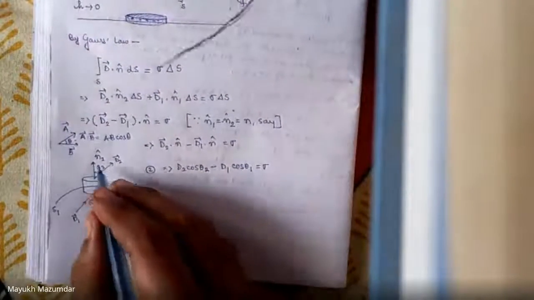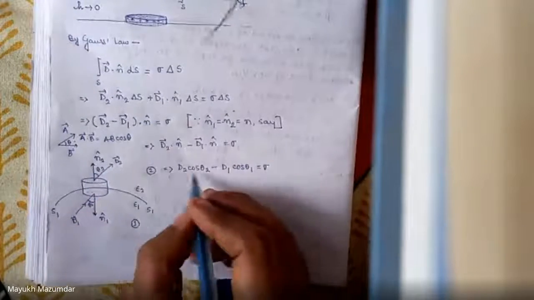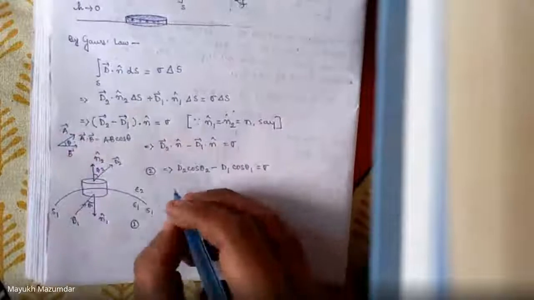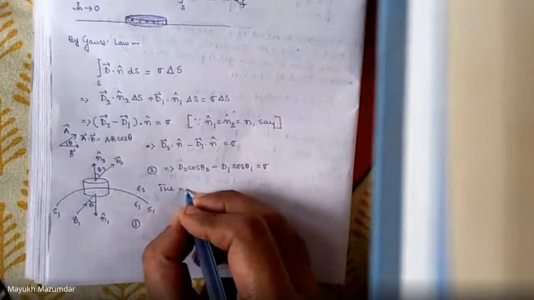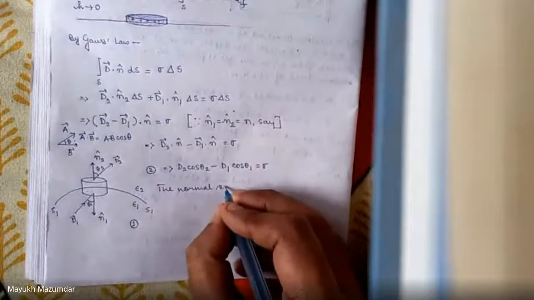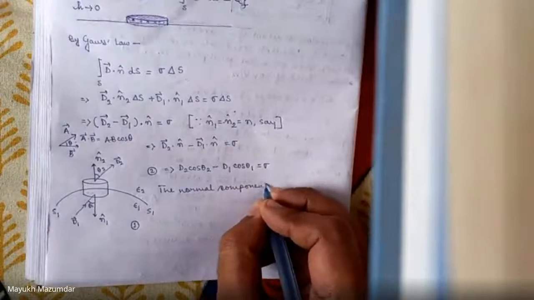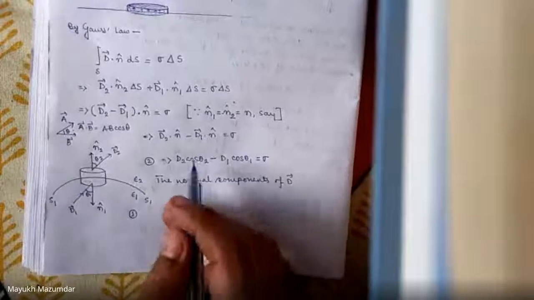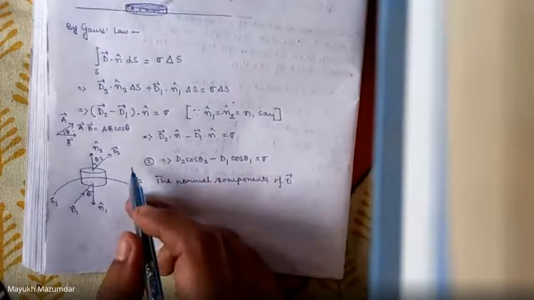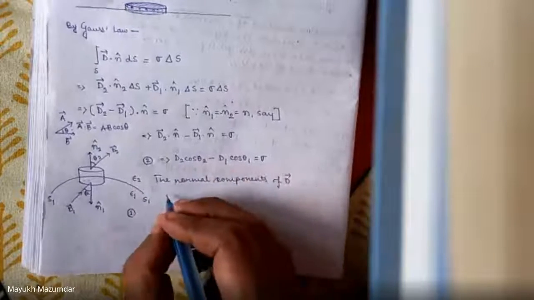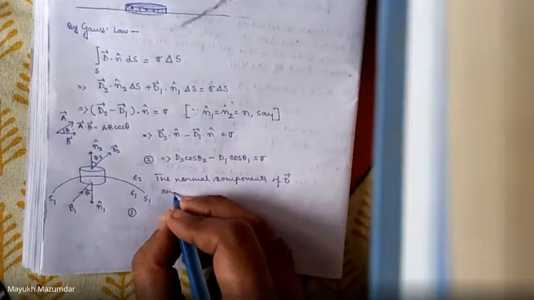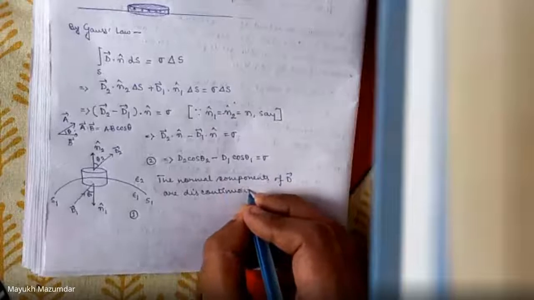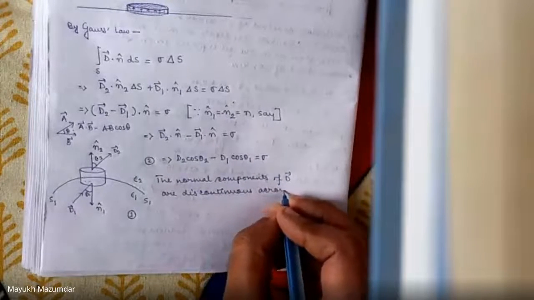So these components are called the normal component. Why? Because D cos theta is along this direction, normal to the boundary. So the normal components of D are not equal. This one is in medium 2, this one is in medium 1. They are different. So we say that these components are discontinuous across the boundary.